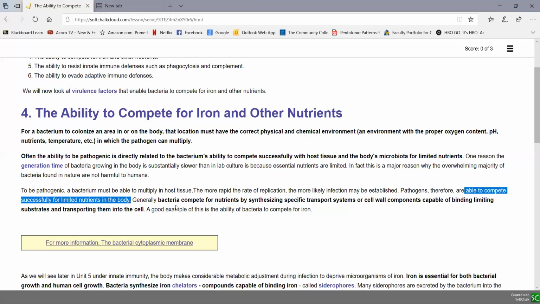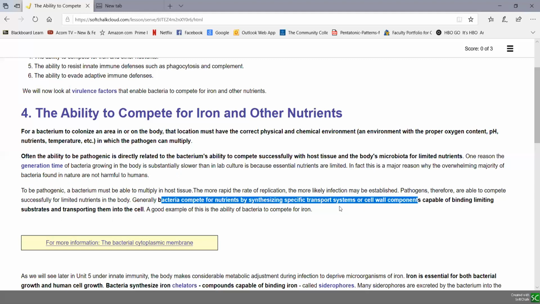Now, bacteria generally compete for nutrients by synthesizing specific transport systems or cell wall components that bind limiting substrates, like a particular nutrient, and transport them into the bacterial cell. And a good example of that we're going to use in this SoftChalk lesson is the ability of bacteria to compete for iron.